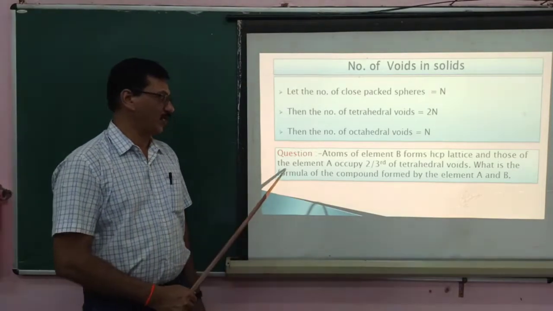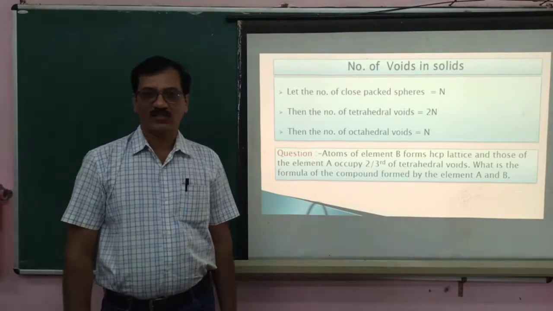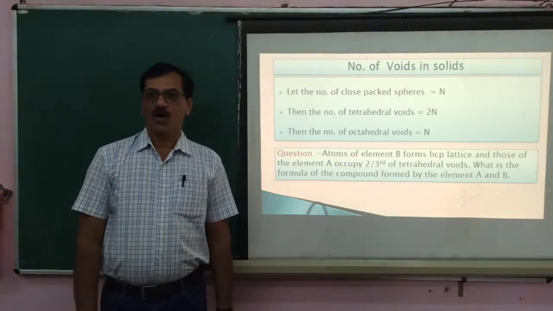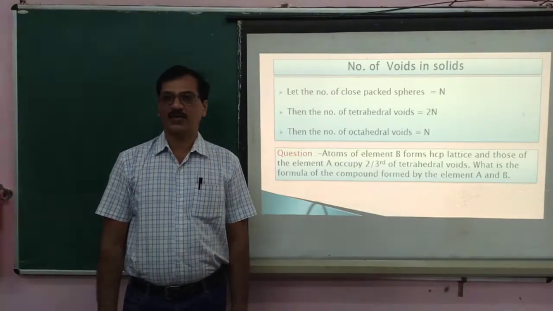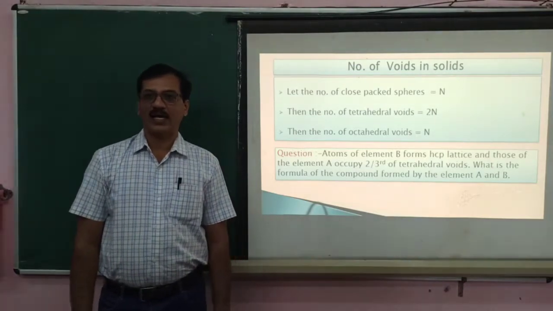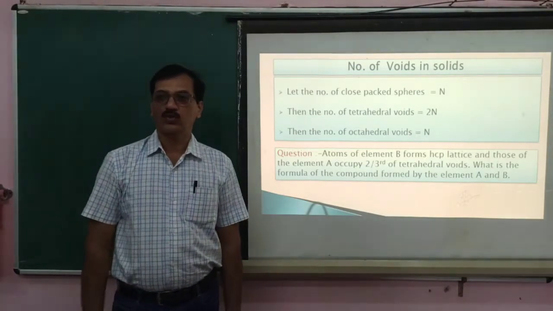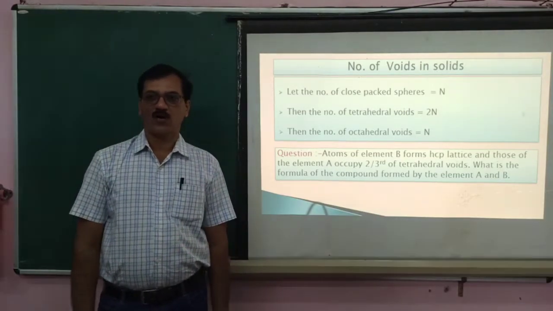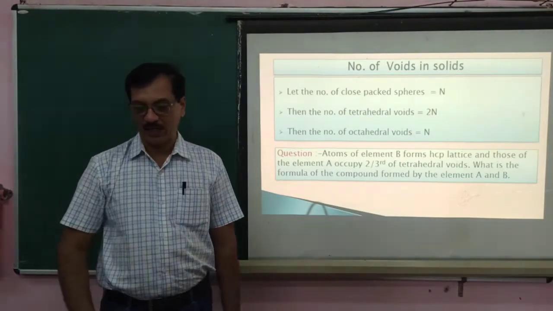Now, a question of this type will be asked in the examination. Atoms of an element B form an HCP lattice, and those of element A occupy 2/3 of the tetrahedral voids. What is the formula of the compound formed by the elements A and B?